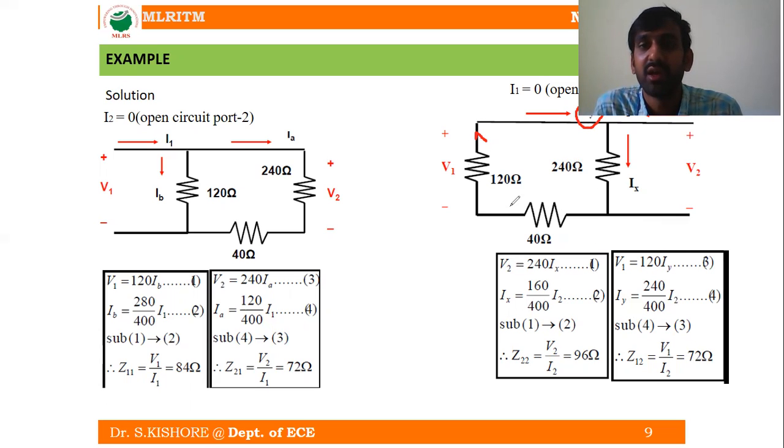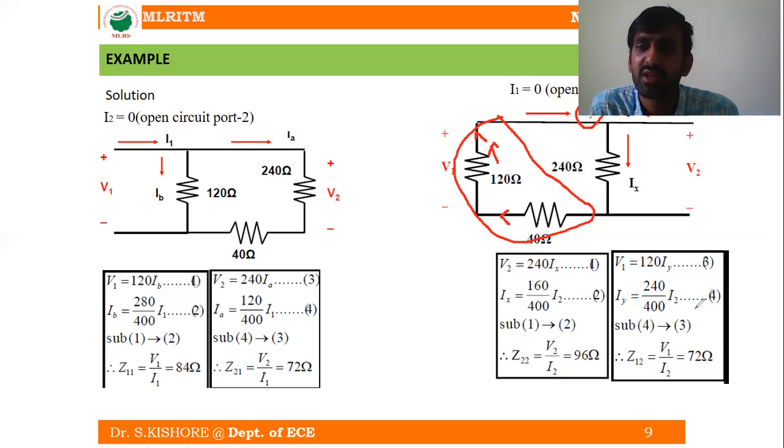If this is IY, obviously here also it is going to be IY, so these are in series. So IY is equal to I2 into 240 divided by the sum of the total resistances: 240 plus 40 plus 120 is equal to 400.